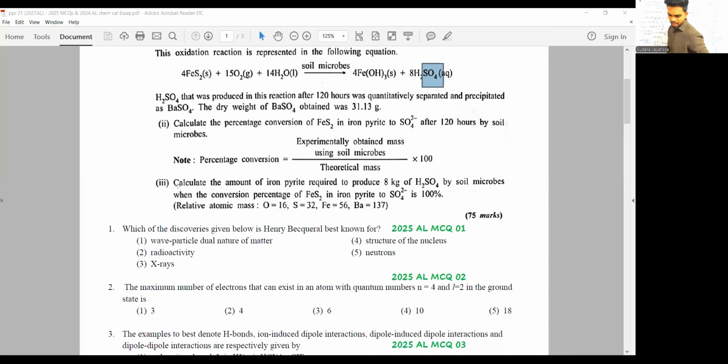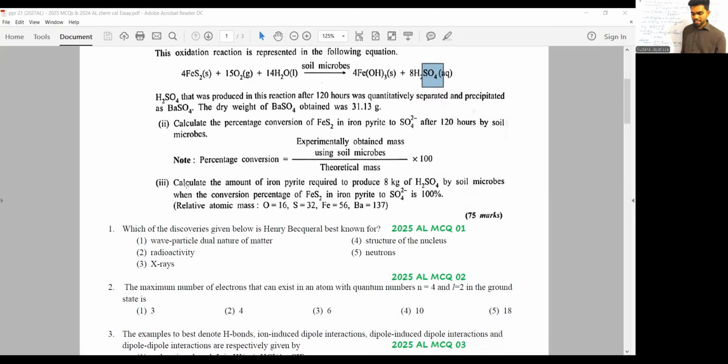See the third one. Calculate the amount of iron pyrite required to produce 8 kilograms of sulfuric by soil microbes when the conversion percentage of FeS2 in the iron pyrite to sulfate is 100%. Now here only 50%, nearly 50% was converted.